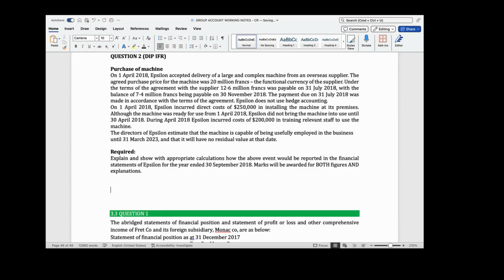And tonight, we're looking at a scenario where we have foreign operations.